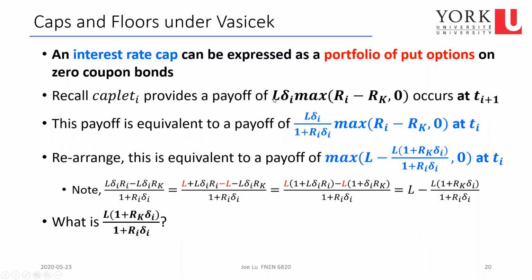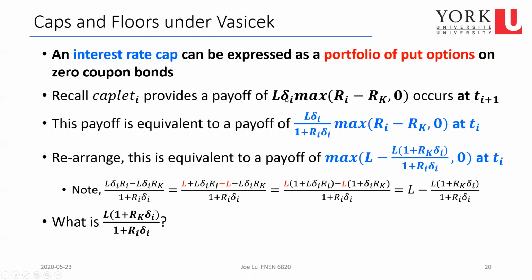So this is the notional. This is really the time difference, so maybe like a 3-month. If Ti+1 minus Ti is 3 months, this delta i will be 0.25, and which is used to calculate the actual rate because all the rates here are annualized.